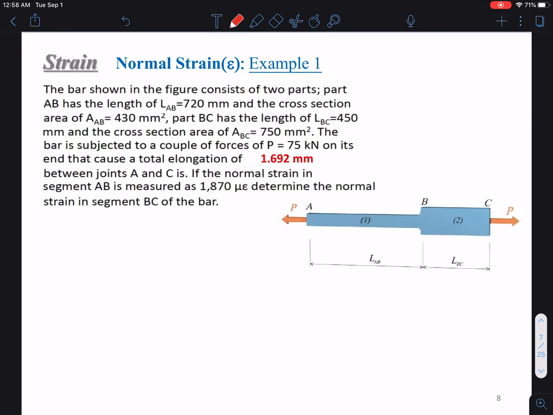So in this example, we're calculating epsilon BC. How can we calculate epsilon BC?